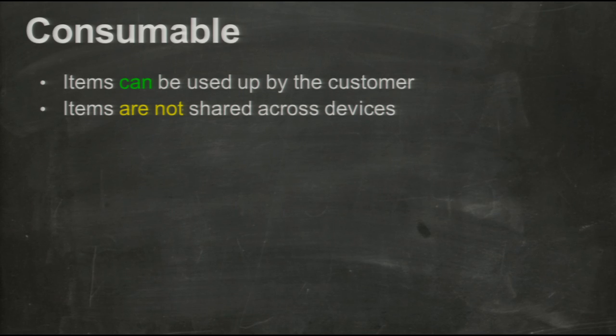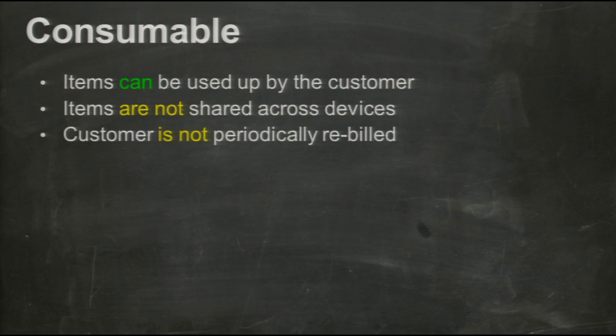So if I happen to have 10 devices and I buy 5 poker chips on one, I don't magically multiply the number of consumables that I've purchased. The customer is not periodically rebilled. If I buy 5 poker chips, I'm not going to be automatically rebilled for another 5 poker chips at some point in the future.